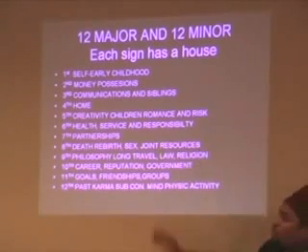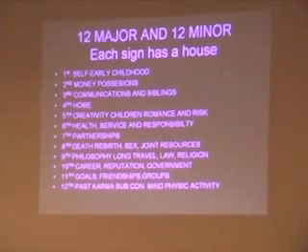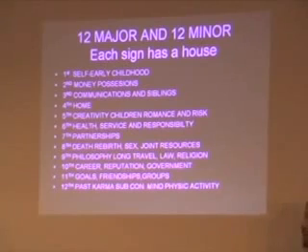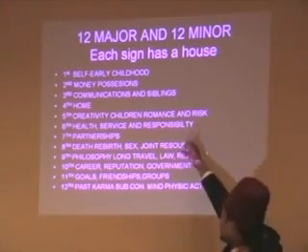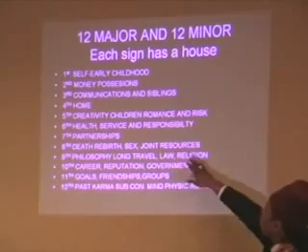Every other house from 1 to 11 deals with the physical plane. Look at it. Childhood, money, possessions, communications is mental, but the Gemini is the siblings. Physical, home, physical. Children in the 5th house, physical. Health, service, and responsibility, physical. Partnerships, physical. Sex, joint resources, physical. Philosophy, long travel, law, and religion.